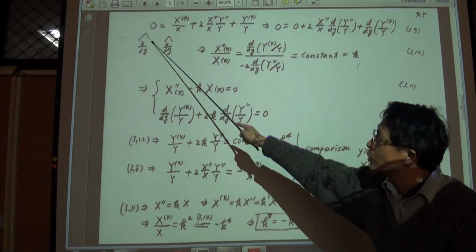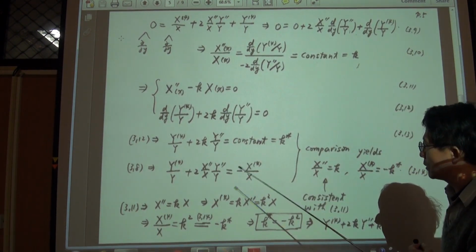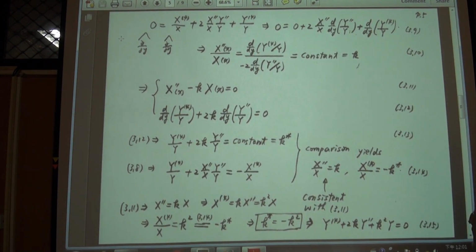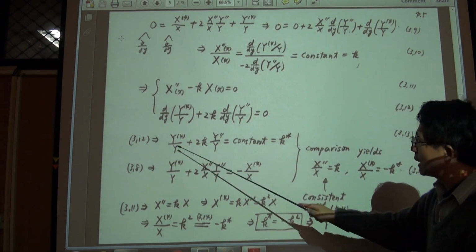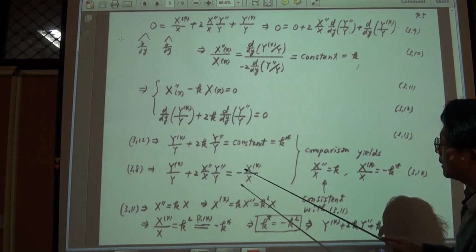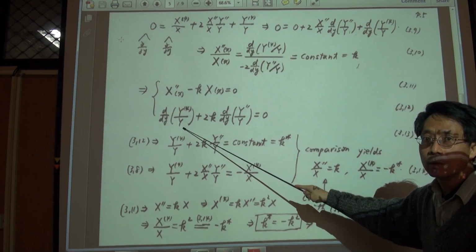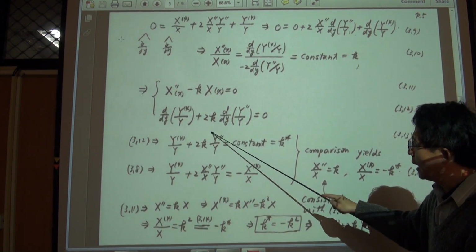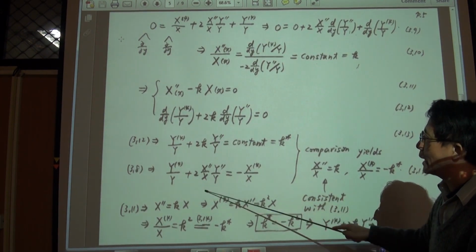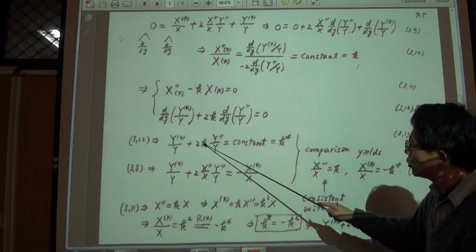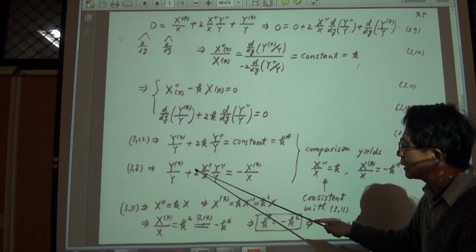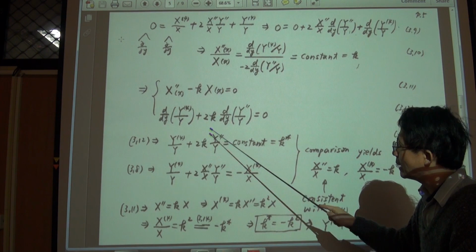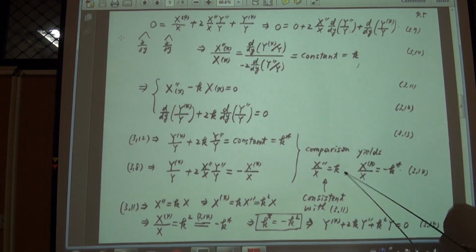You move it to the left of the equality. So now we compare this equation with this equation. These two terms are equal, and these two terms are required to be equal. So this 2k equals 2 times this one. So this one equal to this one gives you this one.